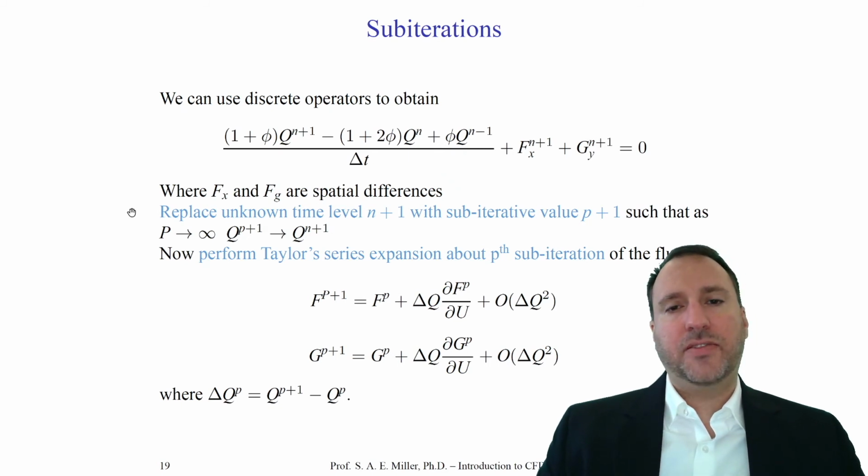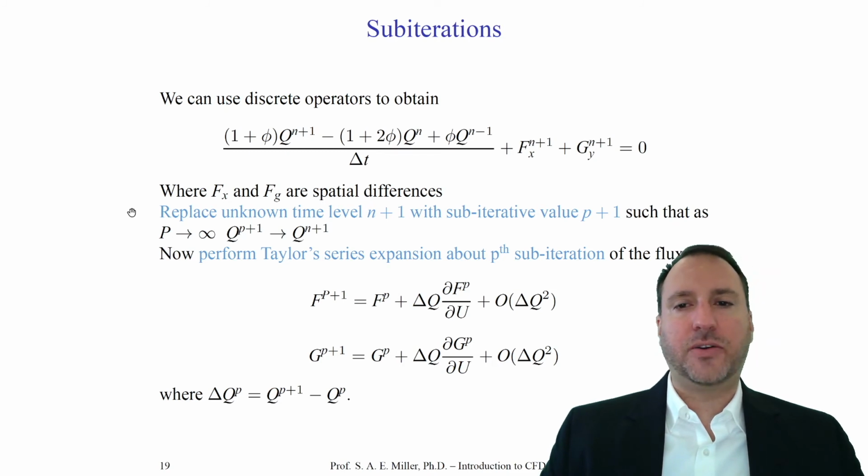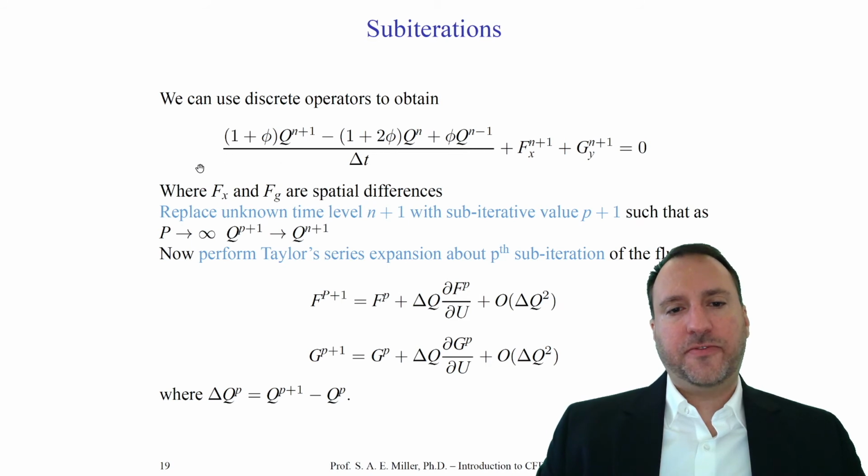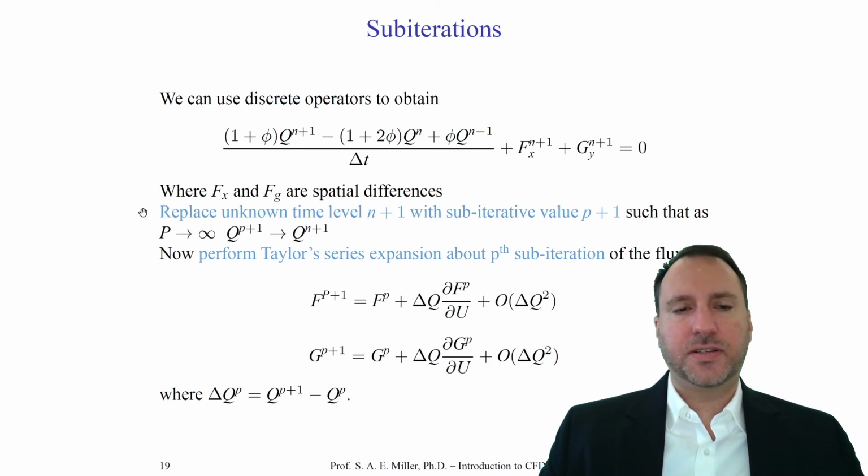That doesn't mean that the most accurate and research-based schemes use sub-iterations. They don't. Sub-iterations are usually used more so in commercial solvers, and we can even try them out in our particular class if we wish to. We've also listed this new term phi, which we can change to, of course, find different schemes if we desire.